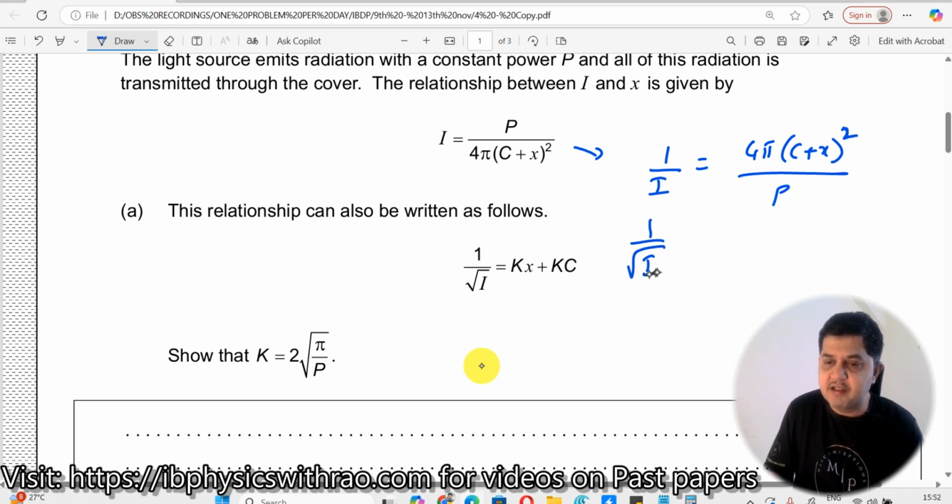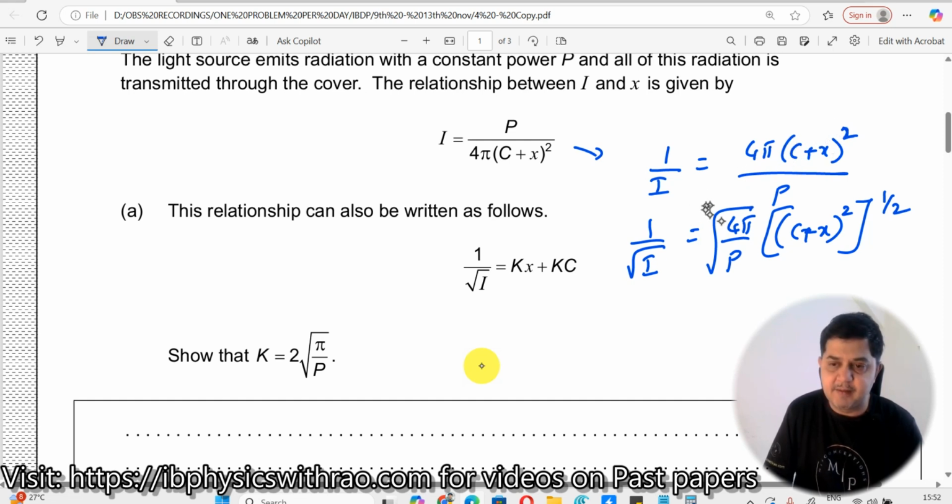When I do that, I get 1 by root I is equal to the square root of 4 pi divided by P into ((c plus x) the whole square) to the power of half. I have taken the square root for this as well as for this one, so this 2 and this 2 go away. So what do I get? I write 1 by root I is equal to root of 4 pi divided by P into (c plus x).